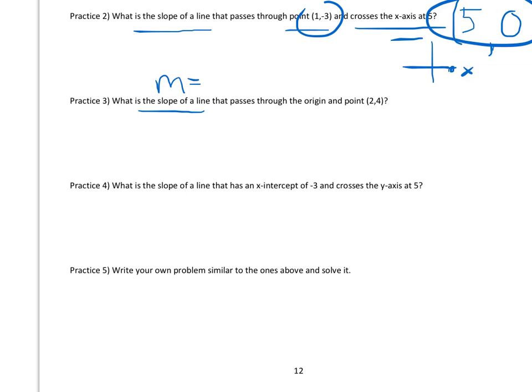Okay, of a line that passes through the origin and the point. Oh no, I don't have 2 points. Freak out. No, calm down. Origin. What do we know about the origin? Well, the origin point is 0, 0. There are your 2 points. Go to town, plug them in, y2 minus y1 over x2 minus x1. Figure out what the slope is.